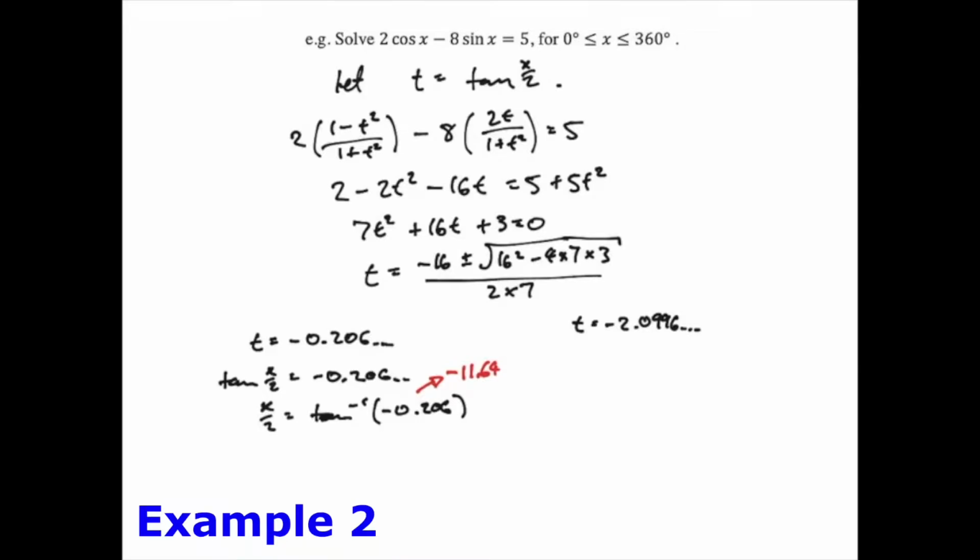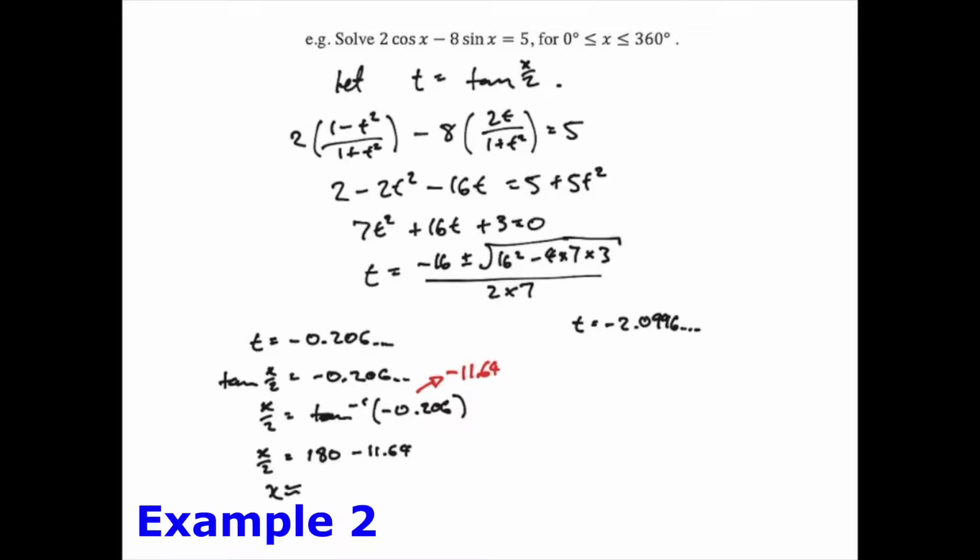Obviously that's not in our domain, but tan's a nice and easy one because all we need to do is add pi, or in this case add 180 degrees to that. So we get x over 2 equals 180 minus 11.64 and multiply that by 2.